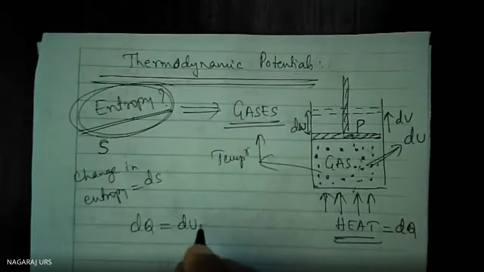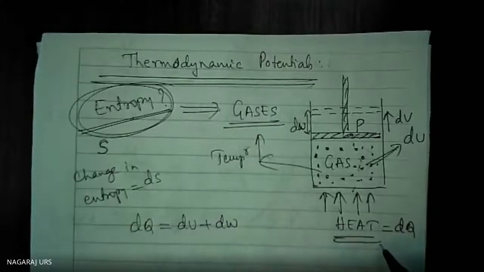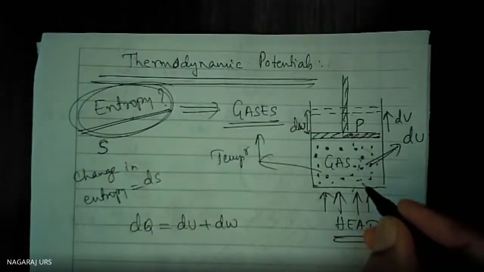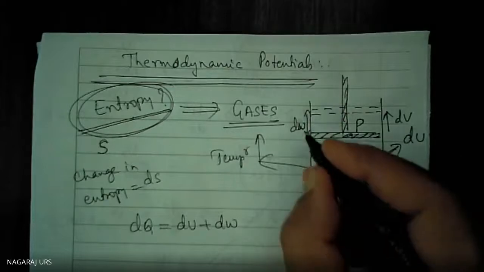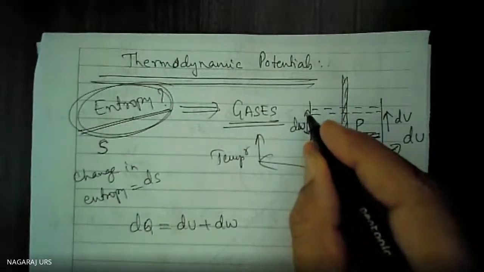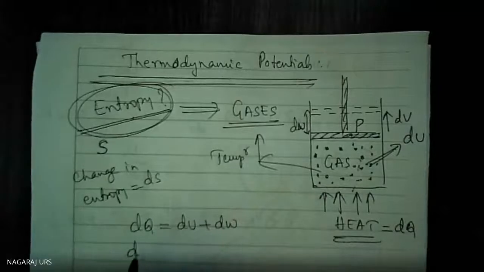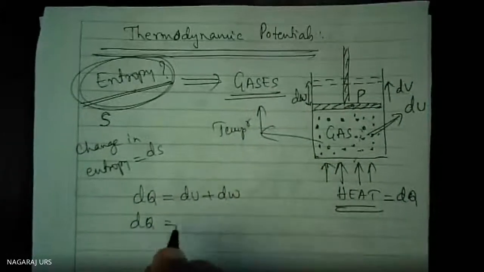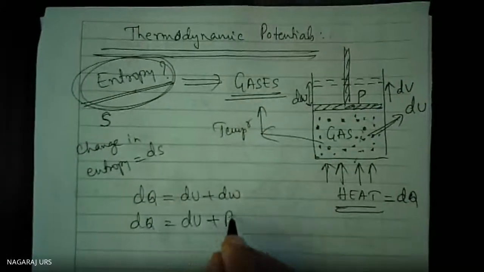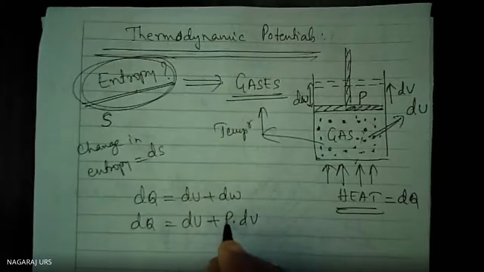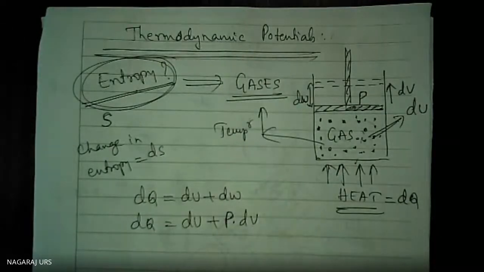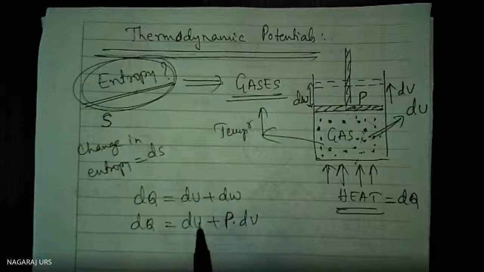The quantity of heat energy we have supplied is utilized for two things: to increase the internal energy of the gas and also to do work. The work done is given by pressure into change in volume. So dQ is equal to dU plus P dV, where P is the pressure, dV is the change in the volume, and dU is the change in the internal energy.